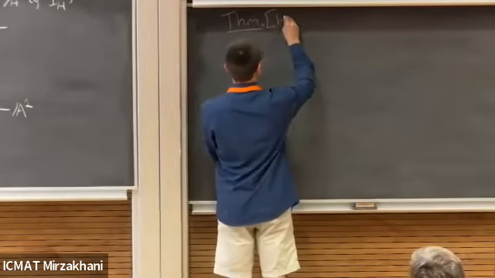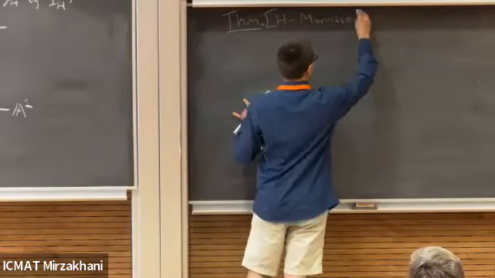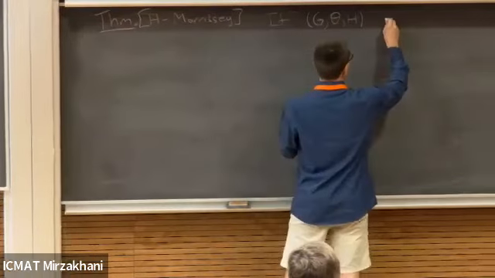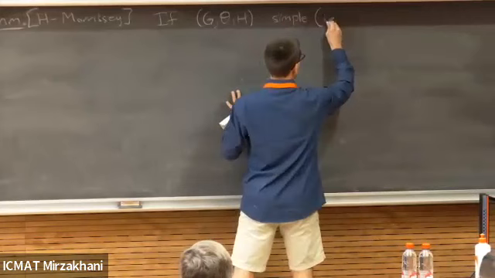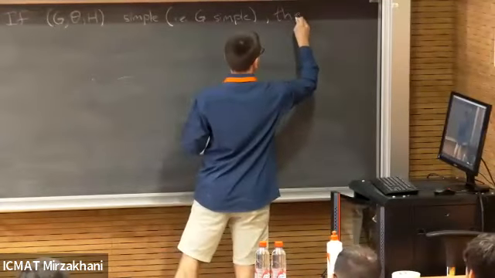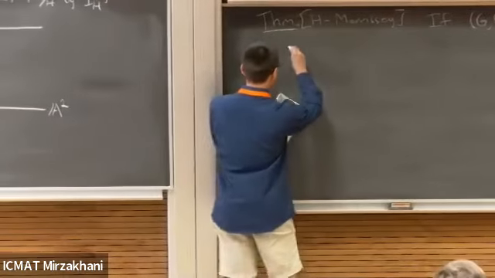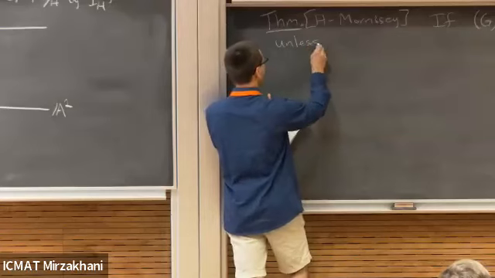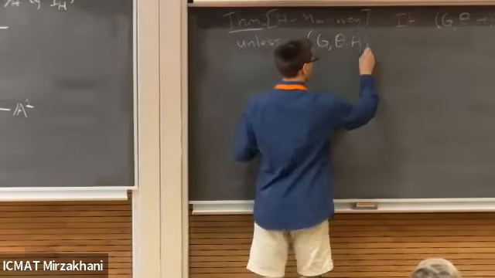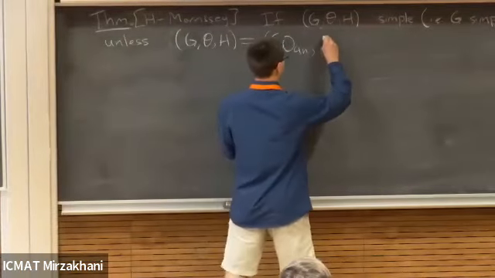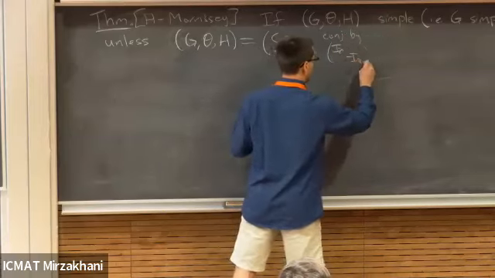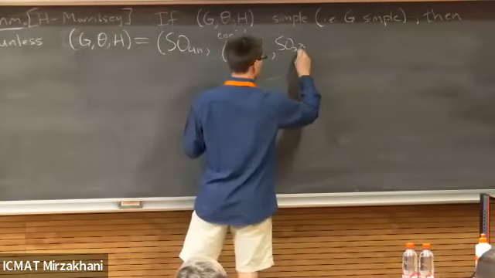So the main result here is that if I have some symmetric pair which is simple, and this means that G is simple, then unless it's one particular bad one, so unless (G, θ, H) is one particular form, SO_4n, θ is conjugation by the matrix with identity_2n and minus identity_2n, and I get SO_2n cross SO_2n.